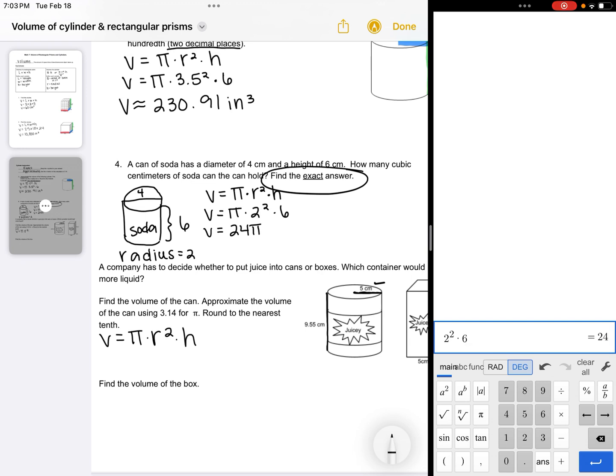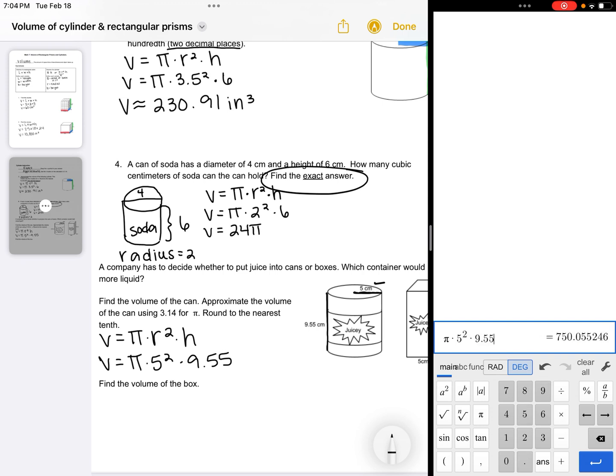My radius is 5, so I'm going to plug that in for the letter R. And then for the height, or how tall my can is, it is 9.55. So into my calculator, I'm going to type everything that I just wrote. Pi times 5 squared times 9.55.